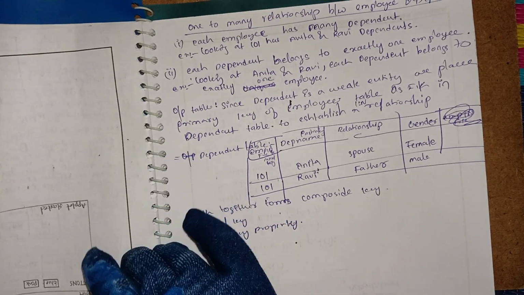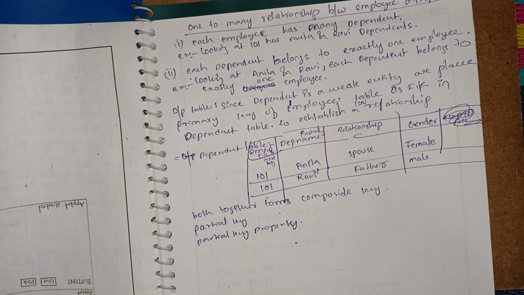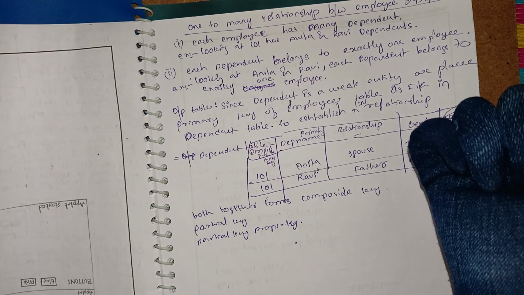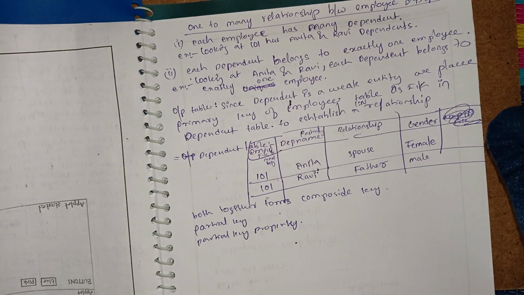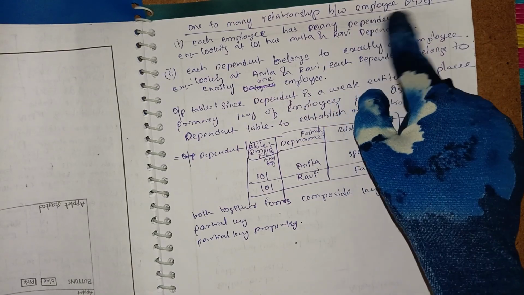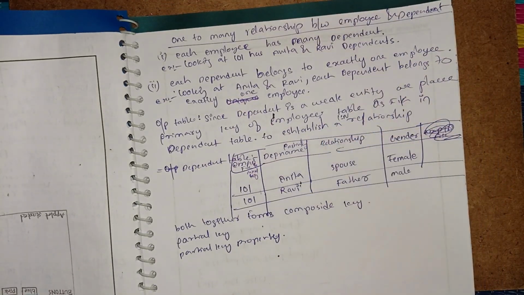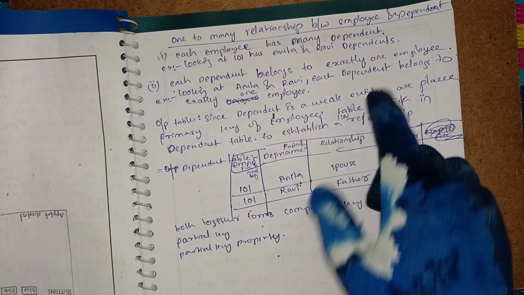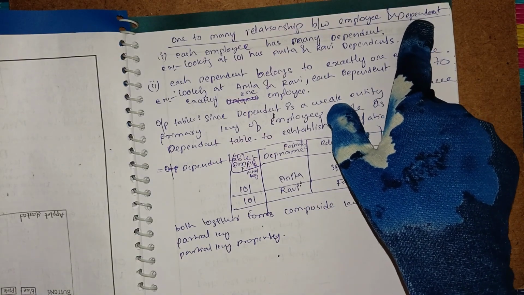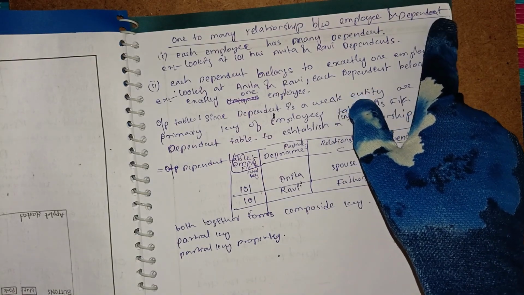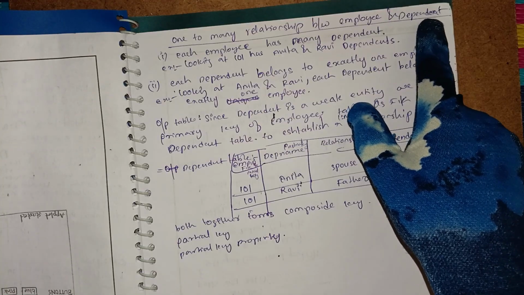So here we are not using a separate table like we used in the many-to-many relationship. We are using only the weak entity table, that is the dependent table, as the output table.